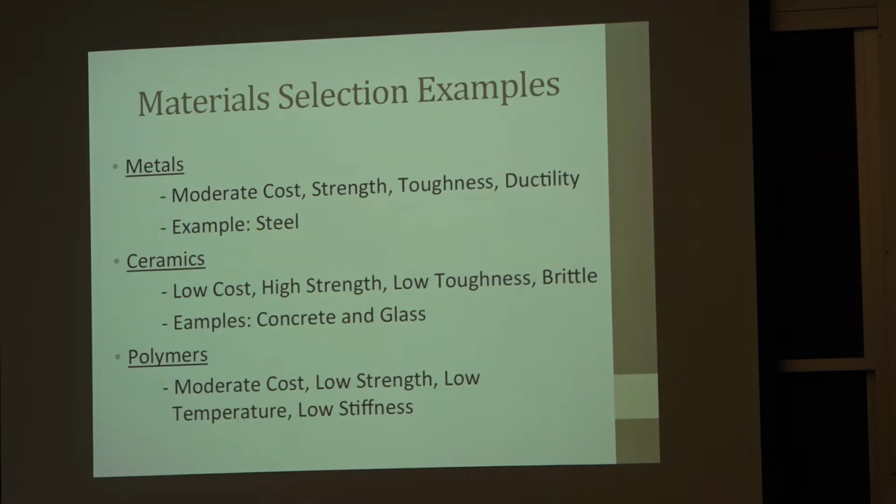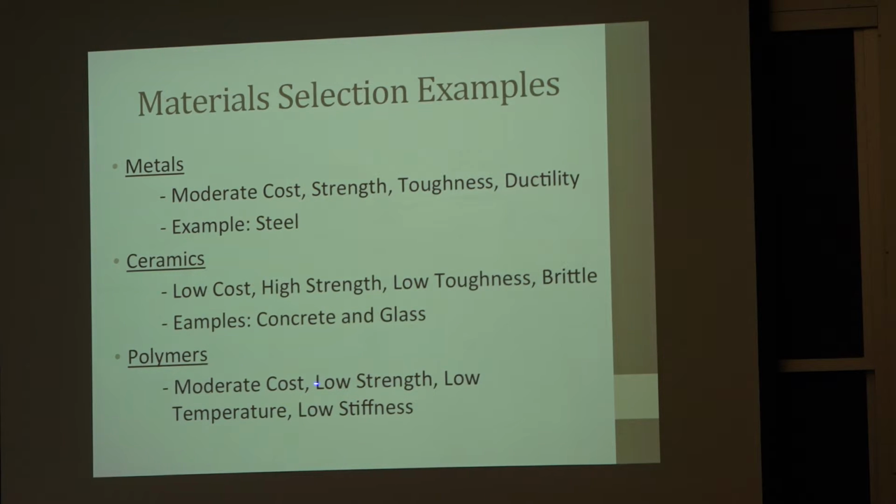And then I told you that for the rest of this class, we're going to go through some different materials: metals, an example of metal, and it'll be steel, for reasons you'll see, and ceramics, and we're going to do both concrete and glass.